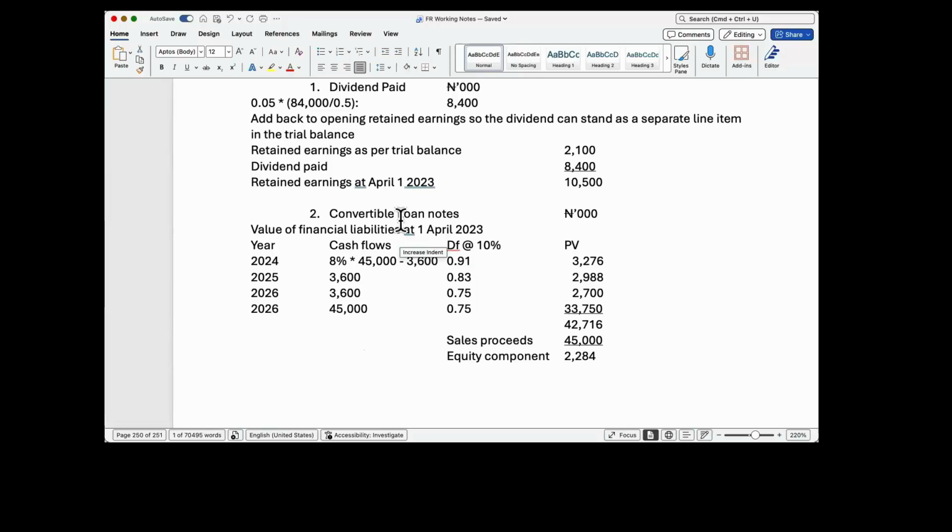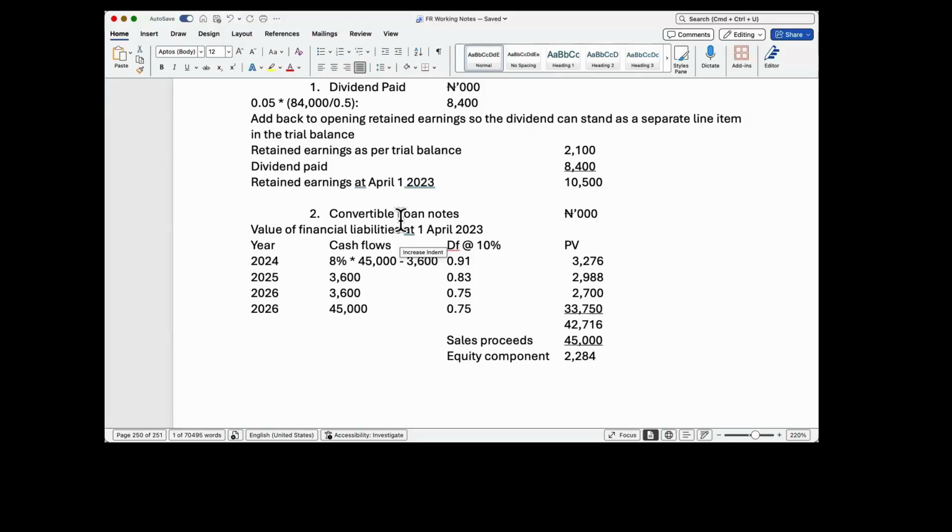So it has a component of equity in it. So the convertible loan note of 45 million needs to be separated into debt and equity. We need to get the value of the financial liability component first, while we will get the equity component as the balancing figure.